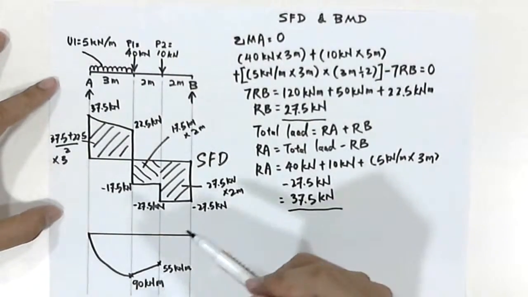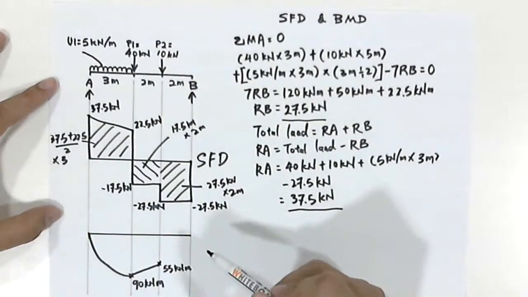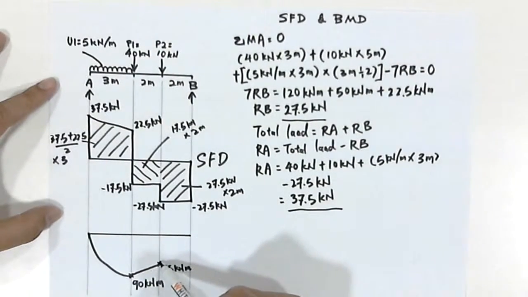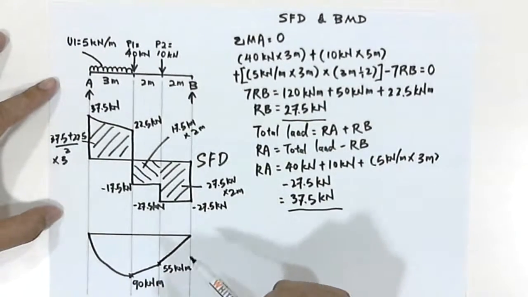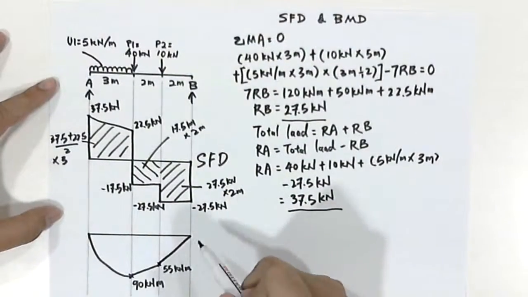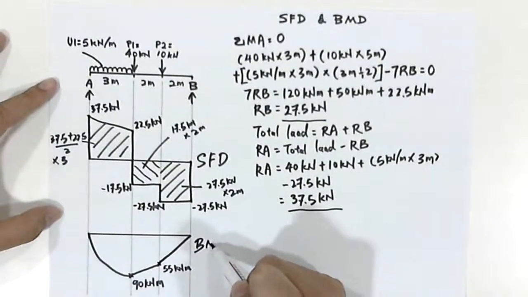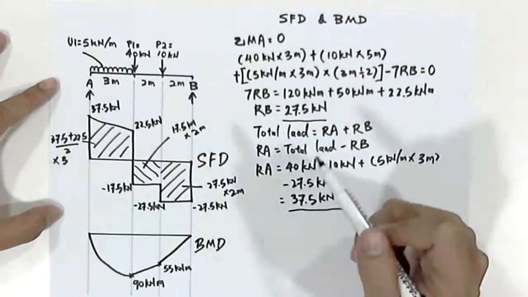Following the equilibrium theory, we'll draw a linear line that goes back to point 0. If you can draw this, that means your bending moment diagram is completed.